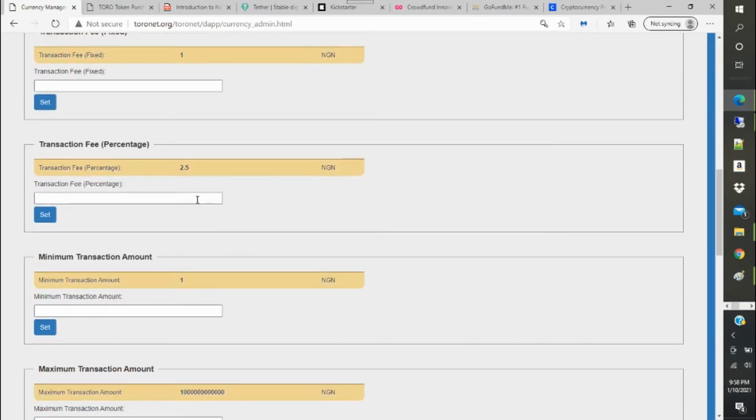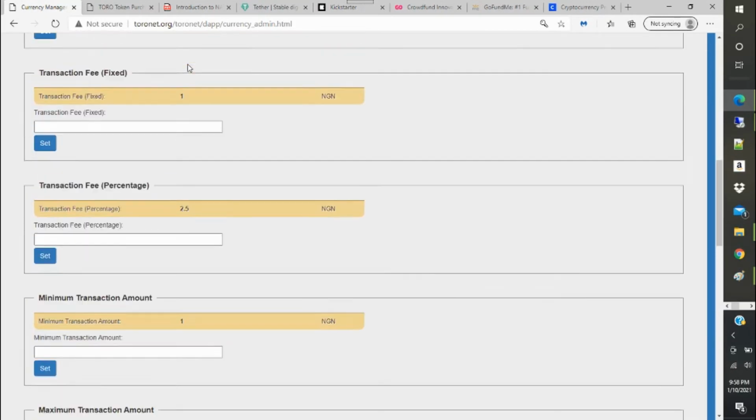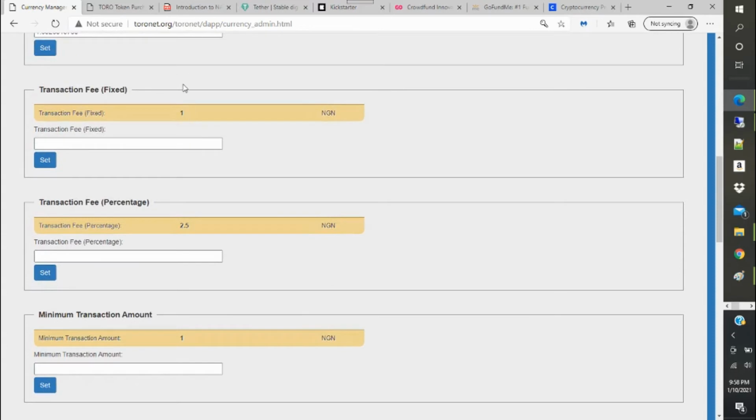So something else to look at here are transaction fees. So if a user has Naira on the blockchain and transfers Naira to another member, just like making a payment, just like with any banking system, these are the fees that are charged. But the blockchain can make transactions in any of the stable coins that have been brought in, but the primary asset that is intended for transactions on the blockchain is the Toro.